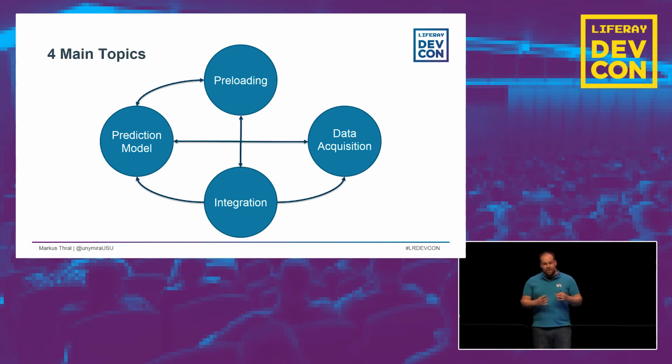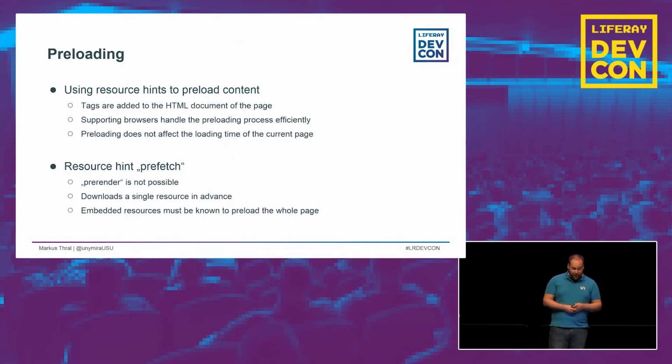Then we want to integrate the, let's call it feature, in an existing, for example, Liferay application, and want to use the feature. And the last but not the least part is data acquisition. We need a lot of information about the user's behavior and other things to train the model and to preload the data.